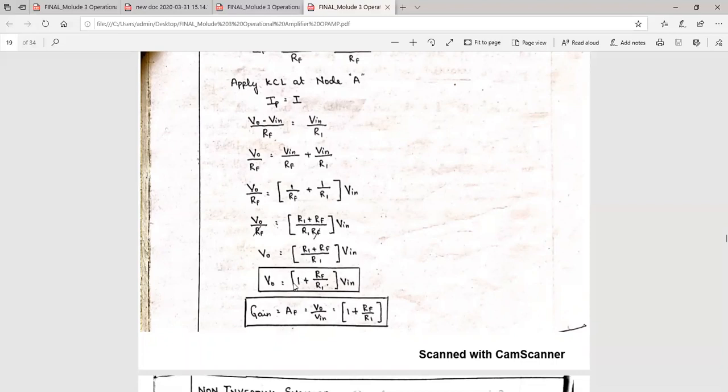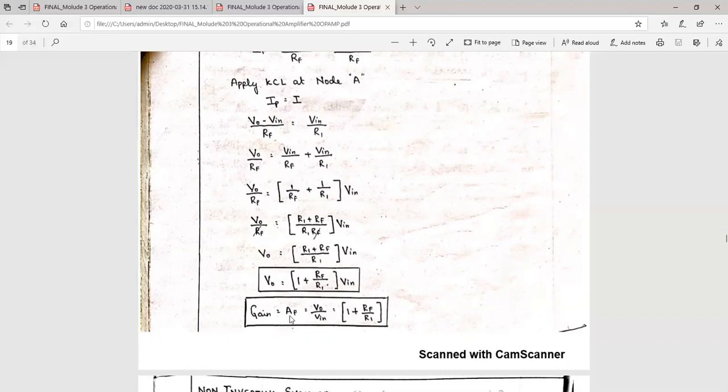You can further simplify and write the equation as V0 is equal to 1 plus RF by R1 into V in. Now we know that output is equal to gain into input. So the gain of the non-inverting amplifier is equivalent to 1 plus RF by R1.